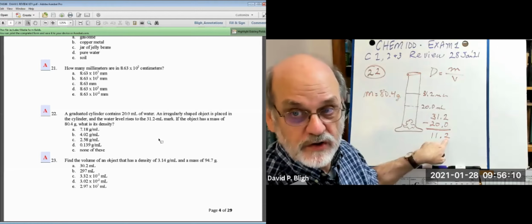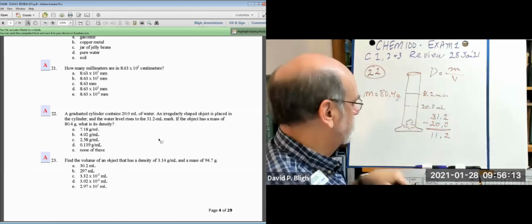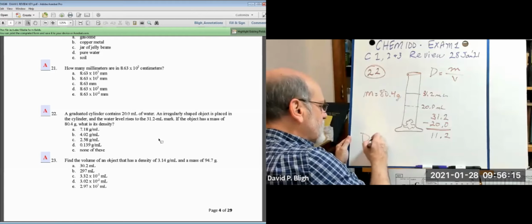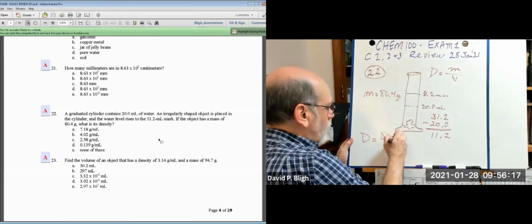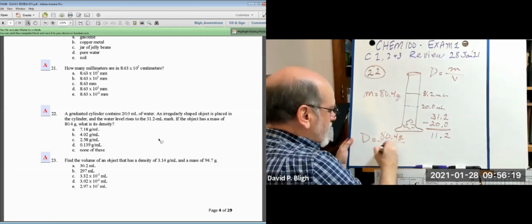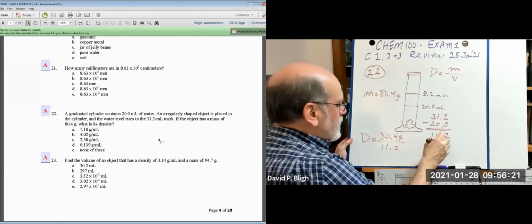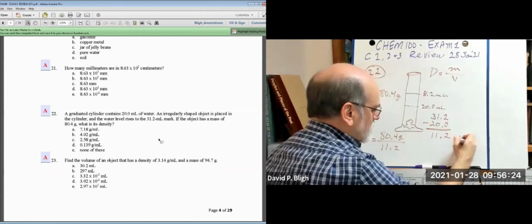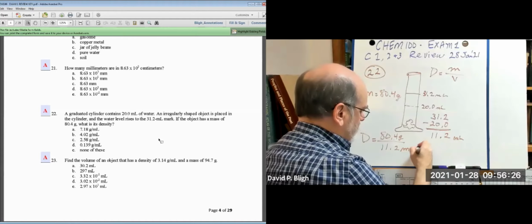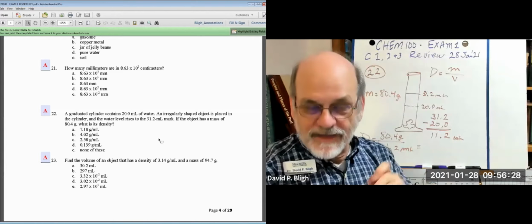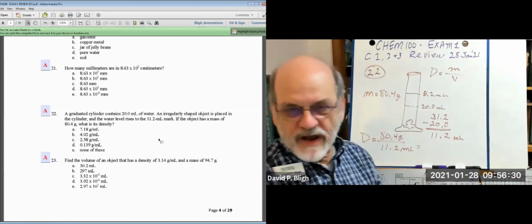So 11.2 is the volume. So now we have D equals 80.4 grams divided by 11.2 milliliters. Okay, that's the thinking part of the problem. The rest is number crunching.